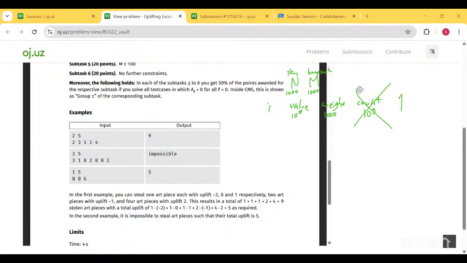Is it understood? How do you think about this problem?